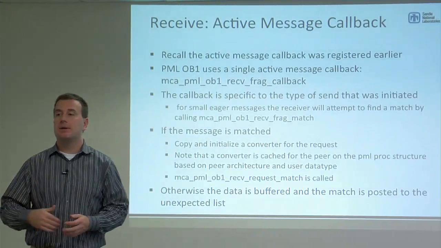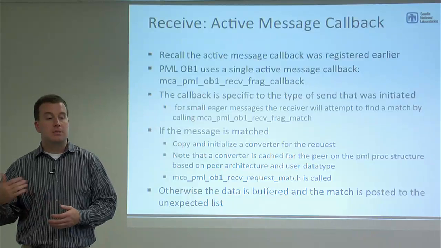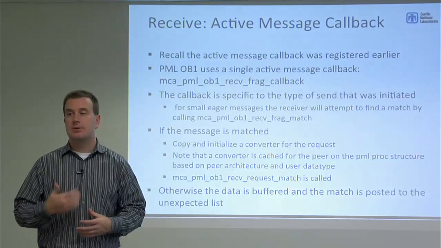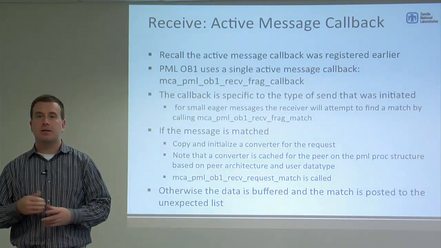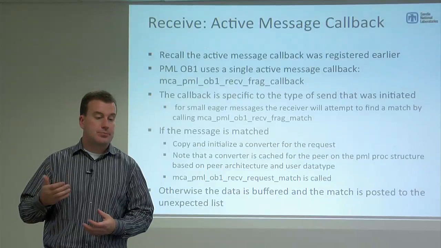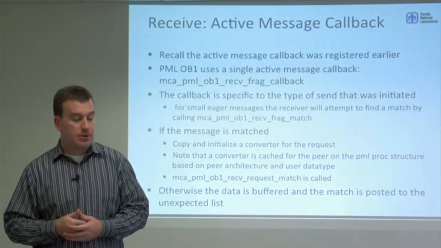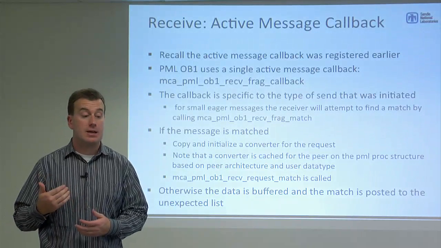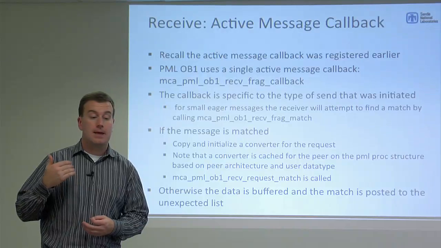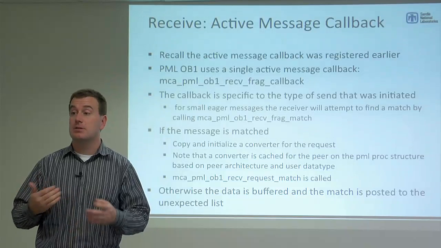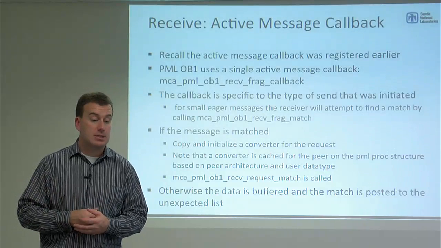We're back in the PML layer, or the one-sided layer, in this case the PML layer. Recall that at the beginning of time we registered this function that's the PML function. There's one callback for OB1. It's this receive frag callback. And then it gets dispatched from there to the particular type of send transaction.